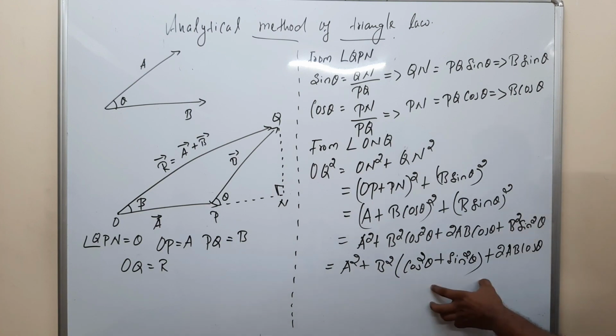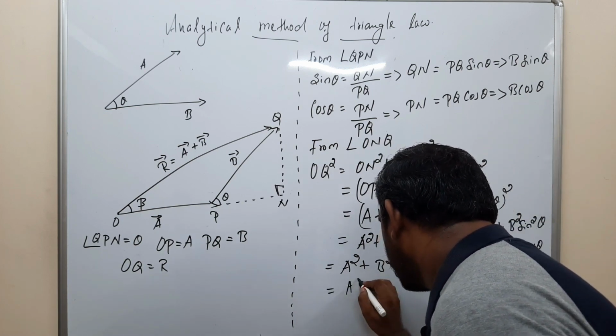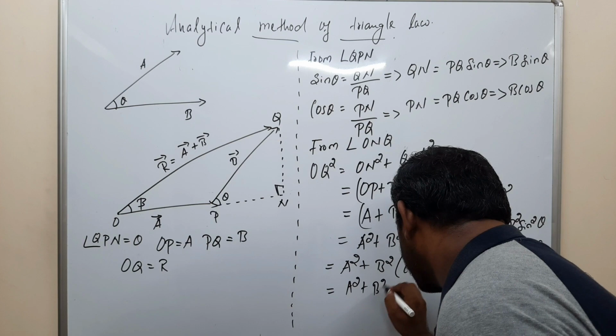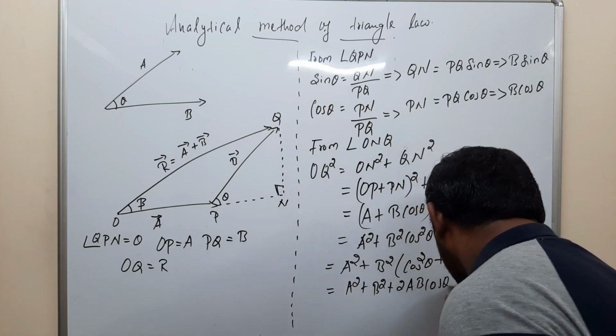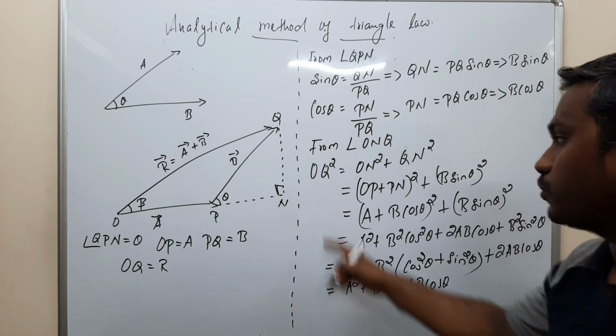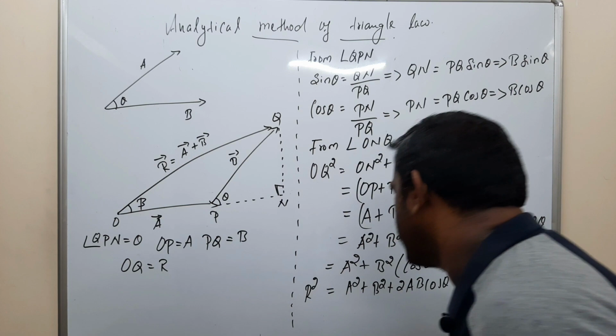What is cos squared theta plus sin squared theta? That is 1. So that's equal to a squared plus b squared plus 2ab cos theta. This is OQ squared, which is nothing but r squared.